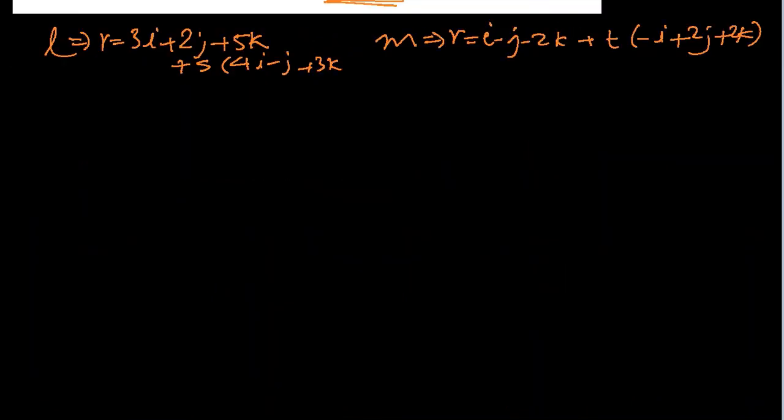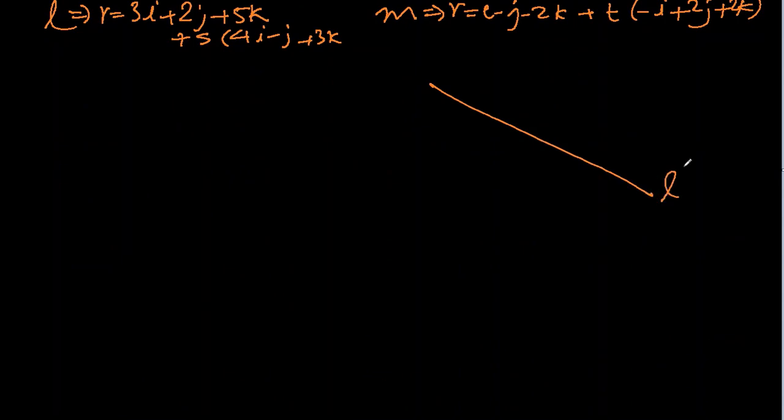Now, if this is the line L, this is line M, this is the point of intersection, and this point lies on both the lines. It means that whatever is the x coordinate of this, let's call it x, y, and z. These are the coordinates of this point of intersection. In this case, x will be in i direction, which will be 3i plus 4is.